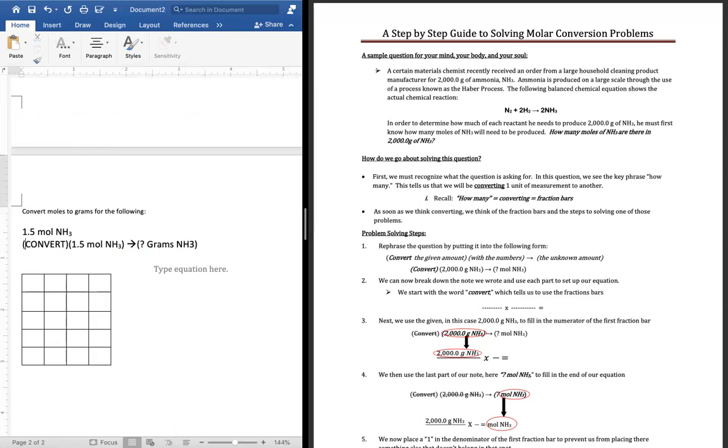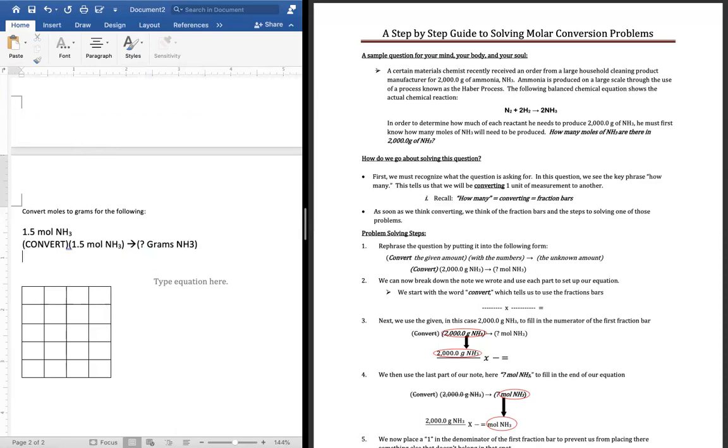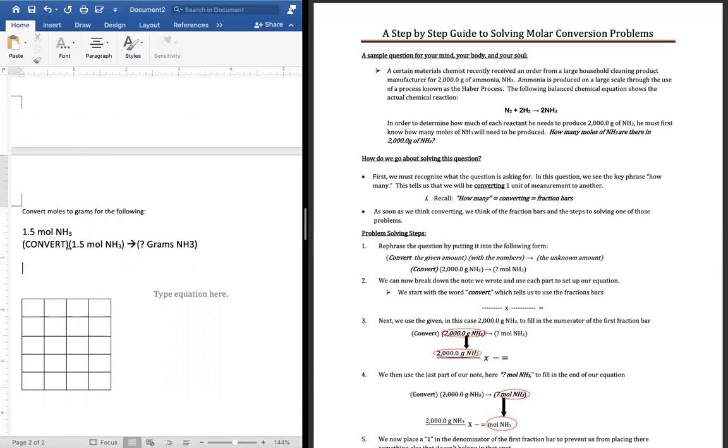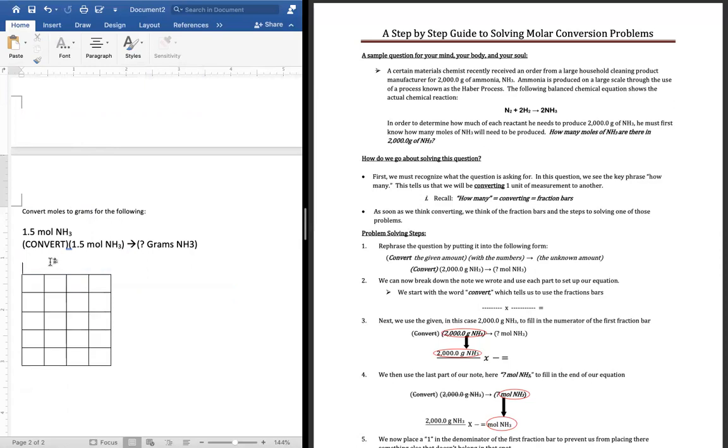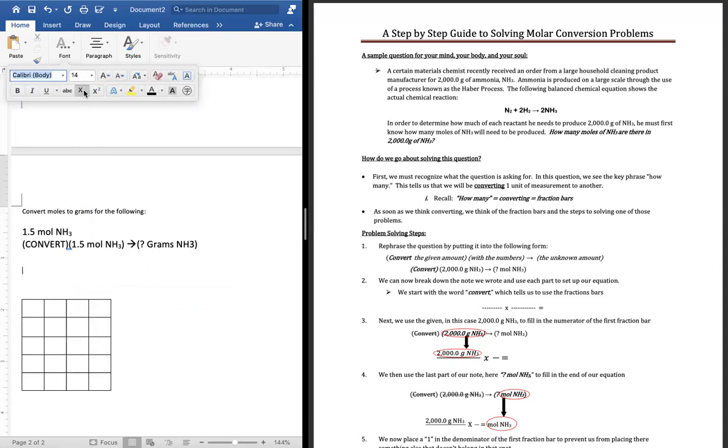So now I can actually utilize this note. We always start at the beginning of the note. The word convert always tells me to do the same thing. So I see the word convert right there. It means fraction bars. So I'm going to put my fraction bars in here.